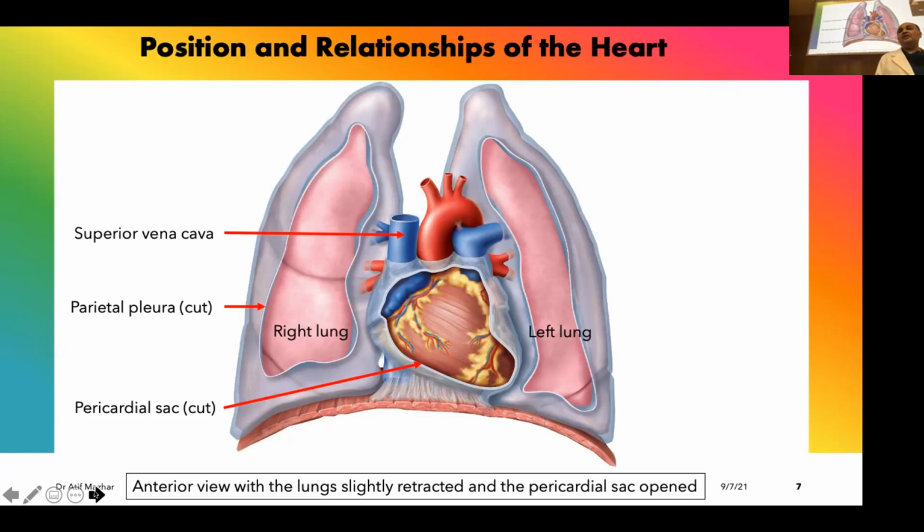When we use the term superior, it means there must be someone called inferior. But we are not showing it here at the moment. Now this is the place where the heart narrows down. We call it the apex of the heart. And if you want to look for your apex of the heart, it is at the 5th intercostal space, a rough landmark below the nipple.